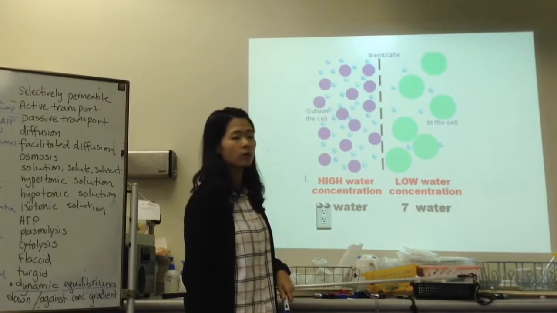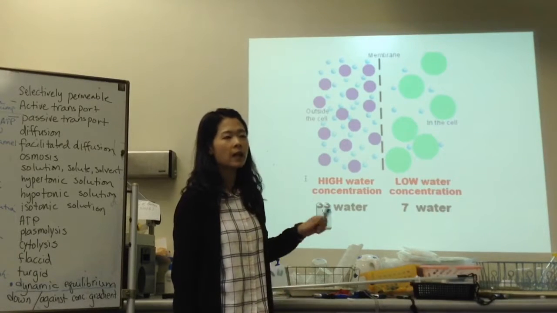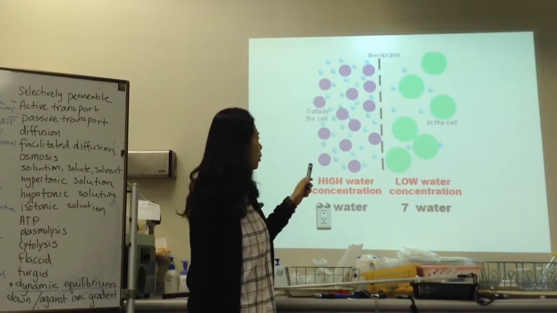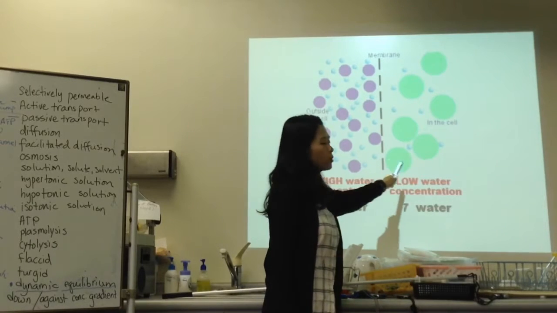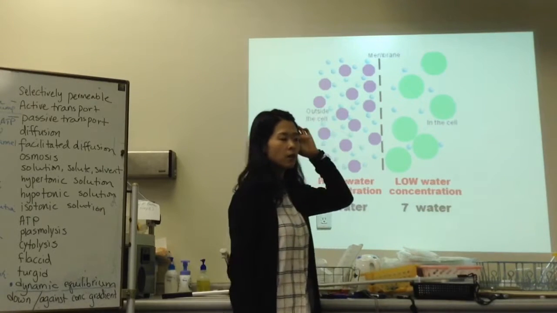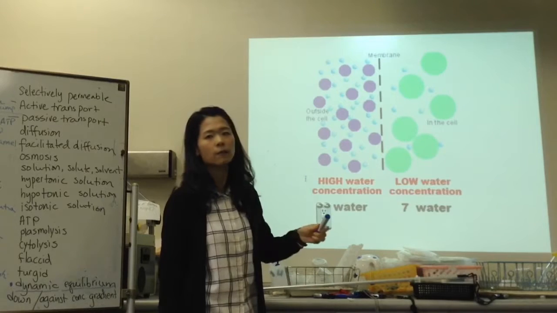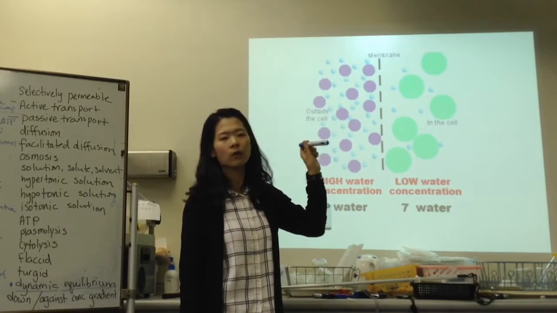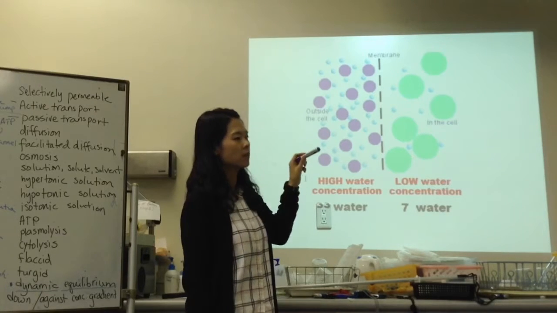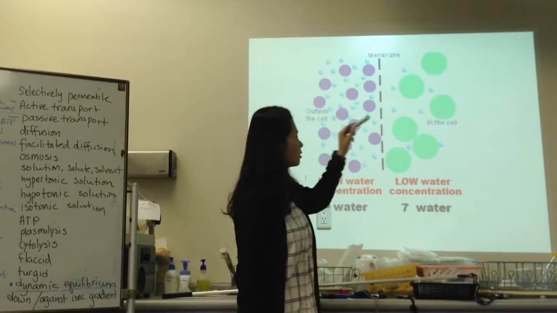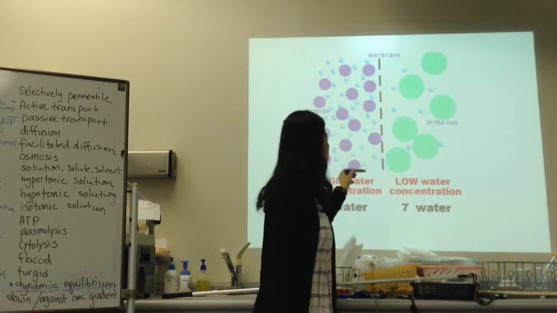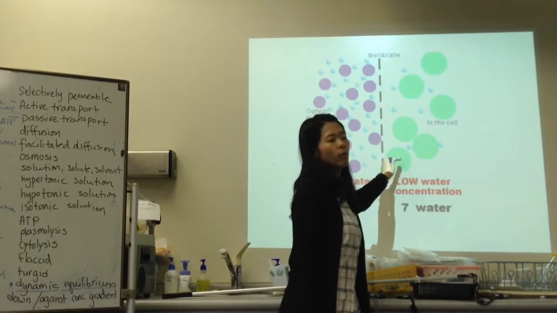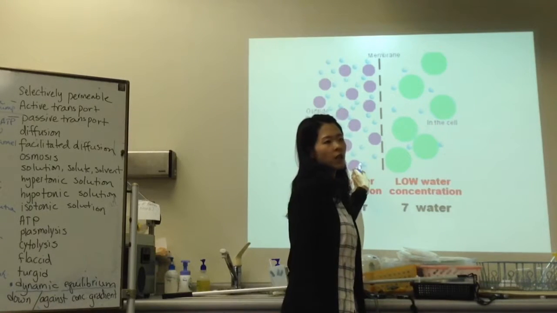You will have a net difference of water moving from this side to this side overall. Water will pass across in both directions, but the tendency is water moving from this side to that side. The rate of water moving from here to here is greater than the water moving the other way.